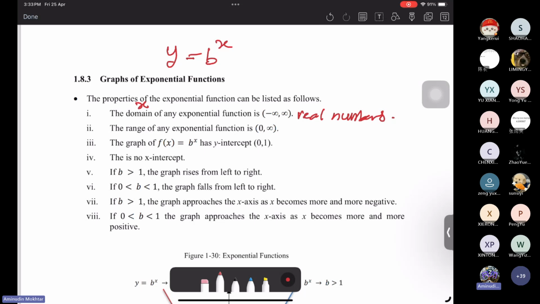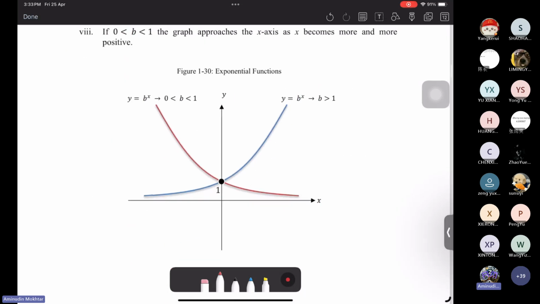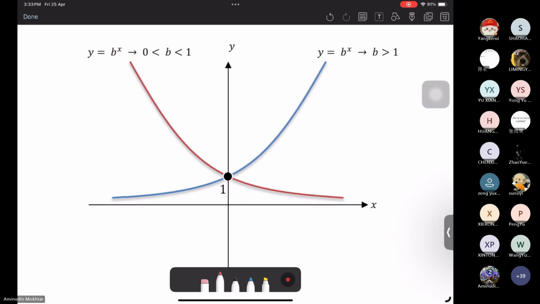What does it mean? Okay, if you refer to this graph, for example, when we draw the graph, let's say y equal to b^x. When we draw this graph, make sure that the graph is from negative infinity of x until positive infinity of x.